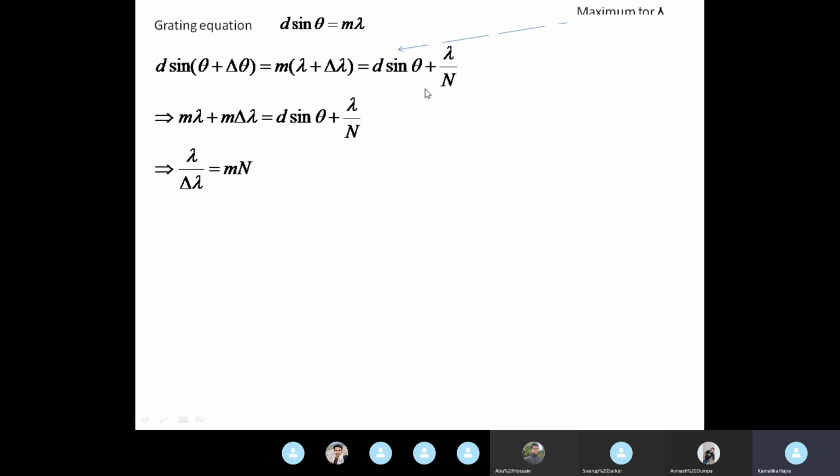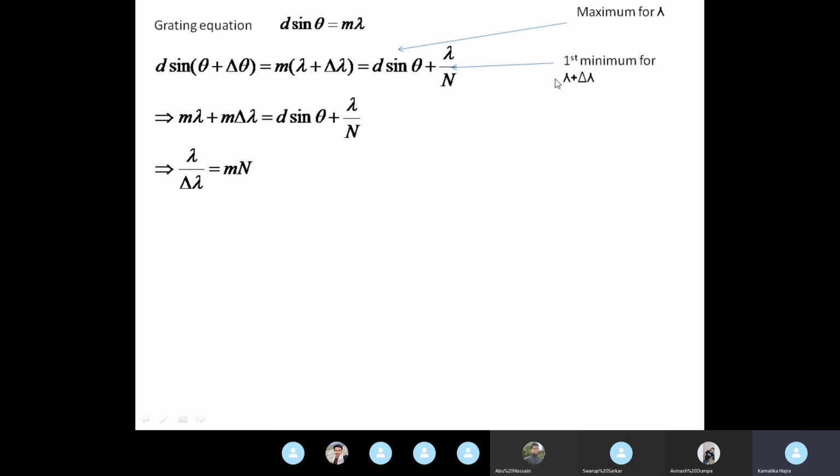All right, what do I mean? d sin θ is the position for the maximum of λ, and λ/N is the first minimum for λ + δλ. Okay, no, this should be the other way around, sorry. d sin θ, yes, no, it's all right.